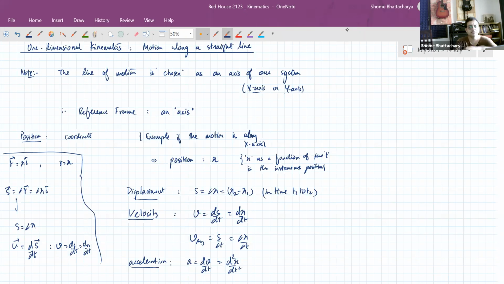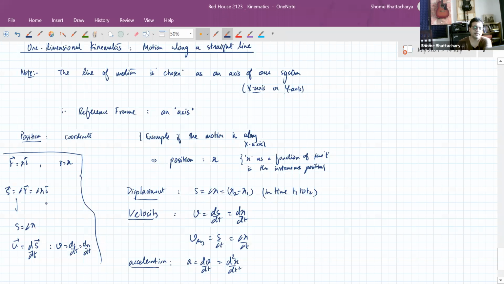What we have studied just before this are the general definitions of displacement, velocity, acceleration, and position for all situations. But when we specifically look at one-dimensional motion, or motion along a straight line, then those general definitions reduce to this scalar notation. We can still use vector notation like I've done on the left-hand side, but all the vectors will have a common unit vector i cap.